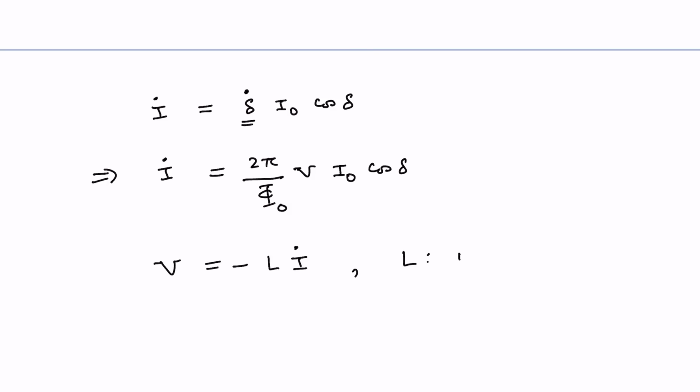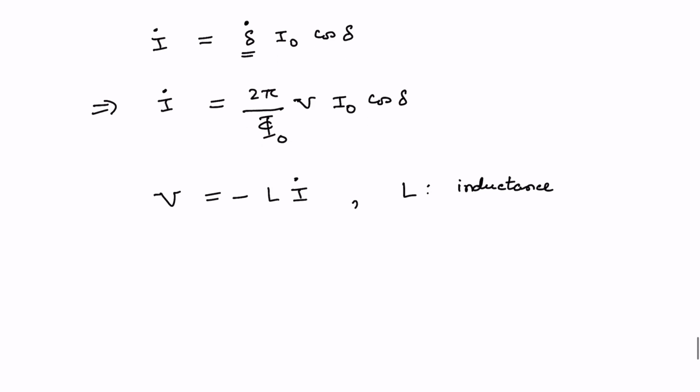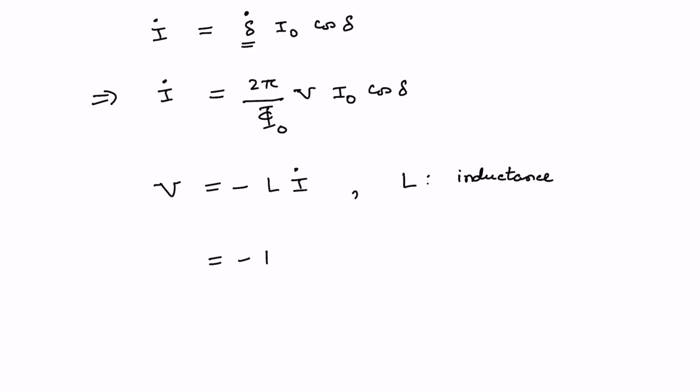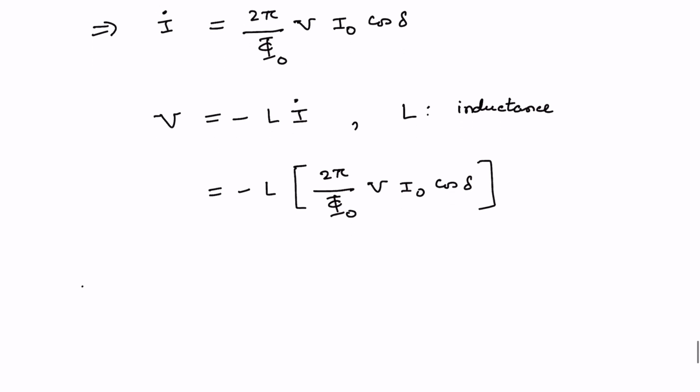Here L is the inductance of the Josephson junction, and if I put the value of the current, I get 2 pi by phi 0, the flux quantum, into voltage into I0 cos delta, and this is going to give me the magnitude of the inductance as phi 0 divided by 2 pi I0 cos delta, right?